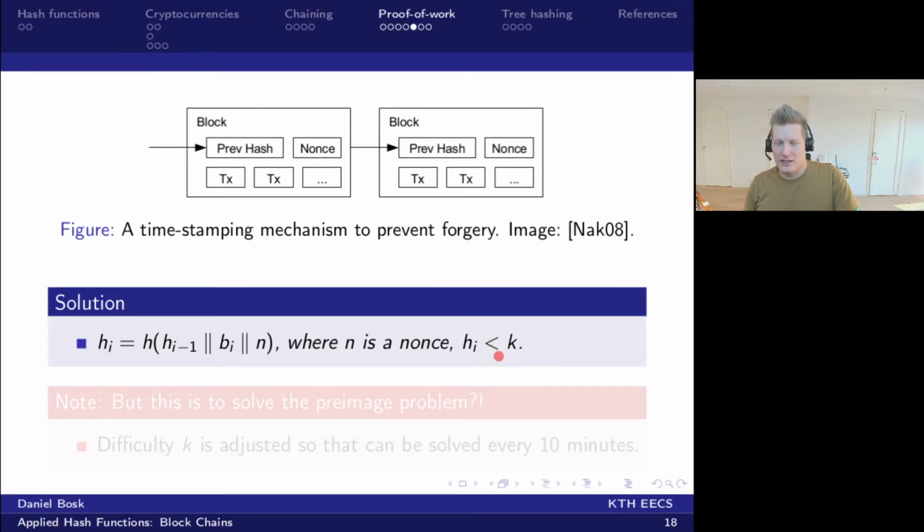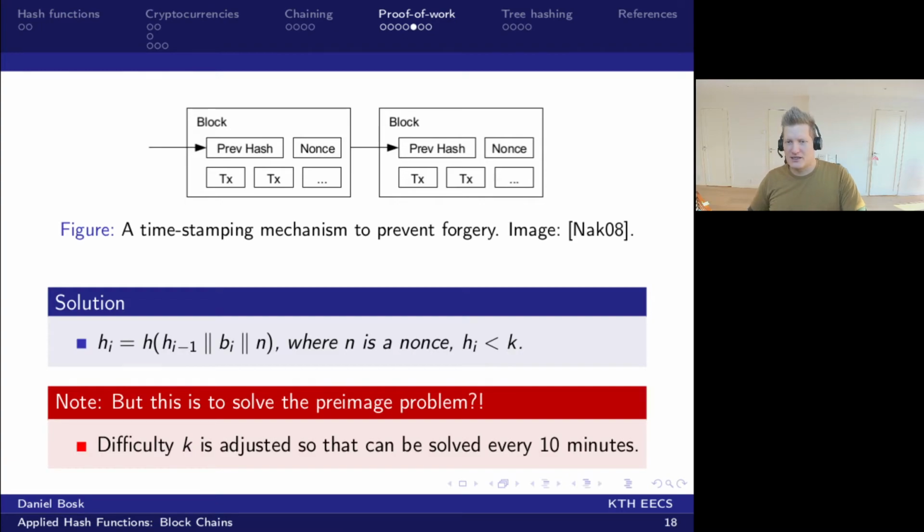So what we have to do here is to vary this nonce and try to find a nonce which, with this h_{i-1} and this b_i, will yield an h_i less than k.